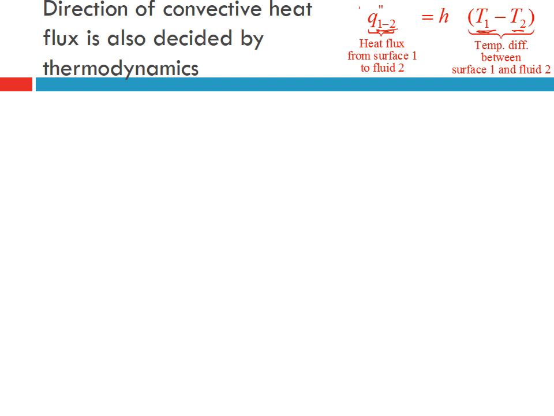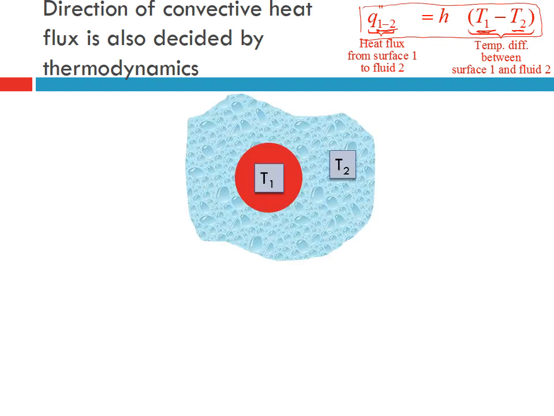The way we have written this formula, by taking the difference between T1 and T2 and calling it heat going from 1 to 2, automatically takes care of this. So suppose we have a solid body with temperature T1 and a fluid with temperature T2, then there are two possibilities.